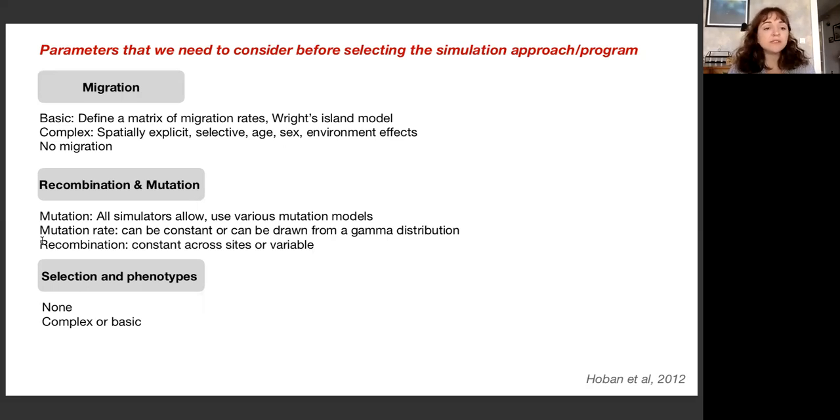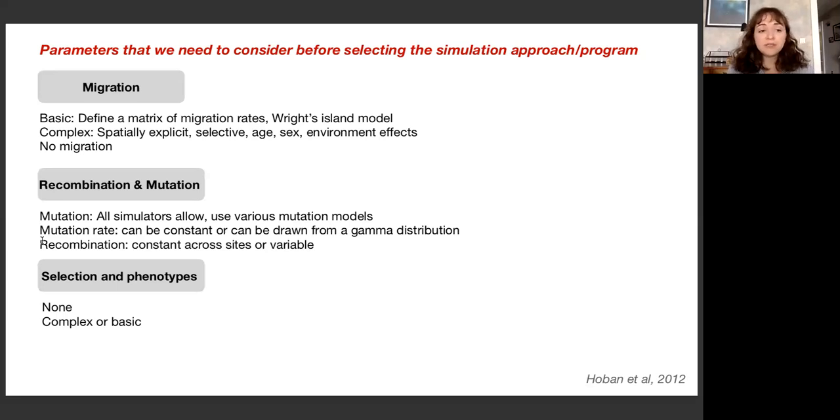In some simulators, there isn't any opportunity to incorporate migration. So if you would like to study migration, then you need to go for a simulator that has an option for incorporating migration. These are the patterns that you need to consider before deciding on the simulator. So you read the manual and then decide if you would like to simulate migration, and if the simulator that you go for doesn't have any capability of doing that, then you change the option.